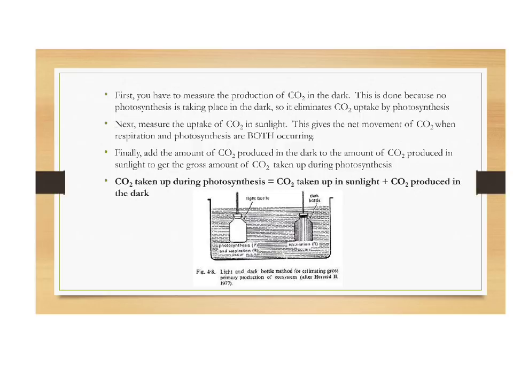So we're measuring that first. Next, you measure the uptake of carbon dioxide in the sunlight, which gives you the net movement of carbon dioxide when respiration and photosynthesis are both occurring.